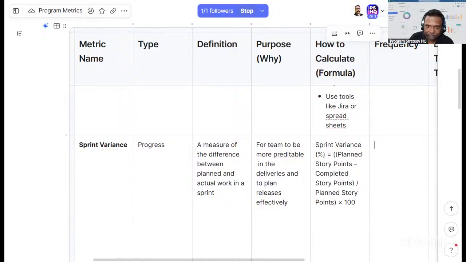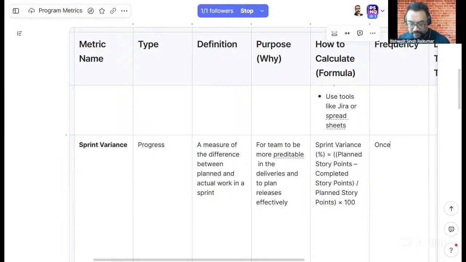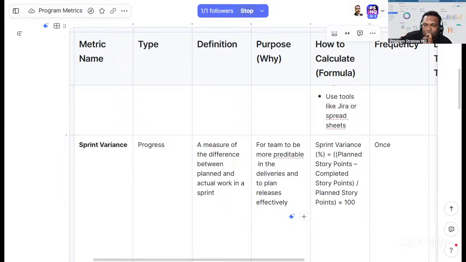This is an interesting thing. Let's say, for example, if your average velocity over 5 sprints is say 45 story points, and in the current sprint the team delivered 40 story points, then what is the deviation? What is the variation? Can you try this one?